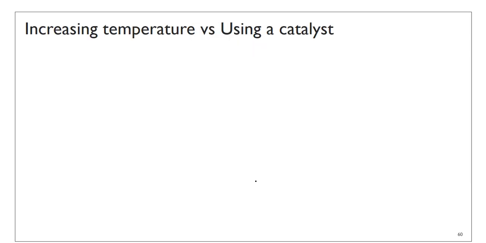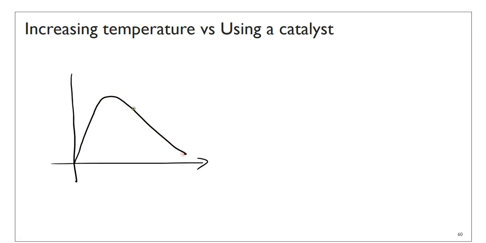All right, I think I already talked about this before, but just to emphasize one more time, the difference between increasing temperature and using a catalyst. Let's say that's 25 degrees, and let's say this is the activation energy barrier.